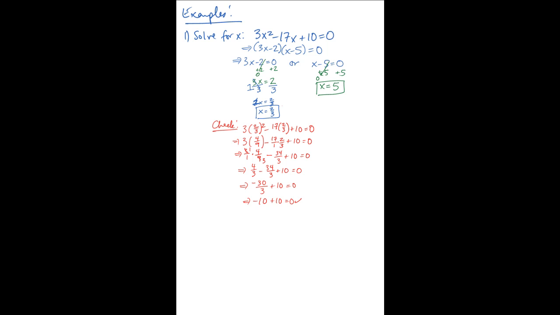Let's check the other part here. We've checked x equals 2/3. Let's check x equals 5. So we have 3 times 5 squared minus 17 times 5 plus 10 equals 0. 5 squared is 25, so we have 3 times 25 minus 17 times 5, which is 85, plus 10 equals 0. 3 times 25 is 75, minus 85, plus 10 equals 0. 75 minus 85 is negative 10, plus 10 equals 0.